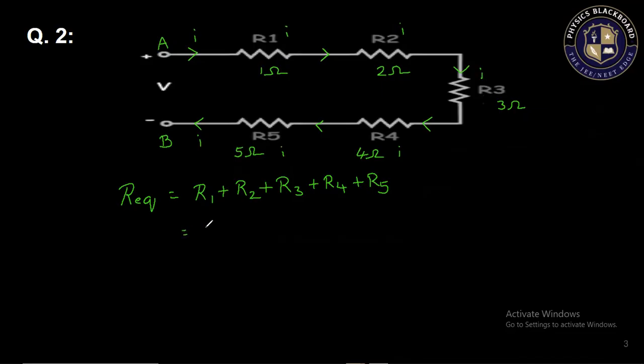So 1 plus 2 plus 3 plus 4 plus 5. You see here, 1 plus 2, 3, 3 plus 3, 6, 6 plus 4, 10, 10 plus 5, 15. So the equivalent resistance is 15 ohms.